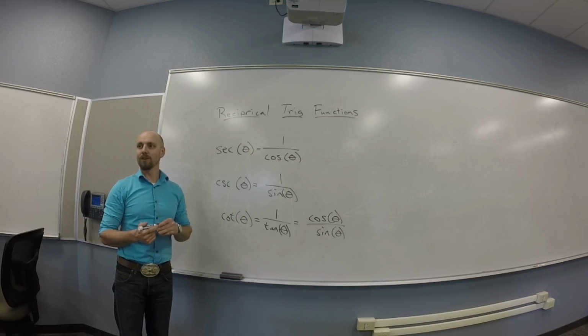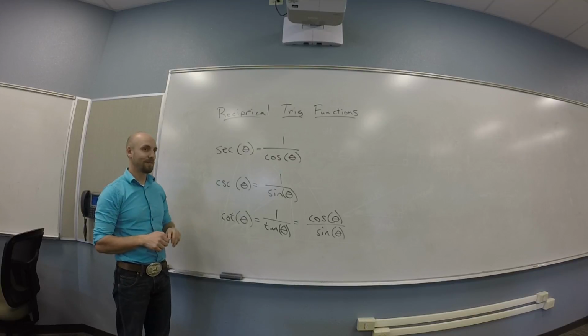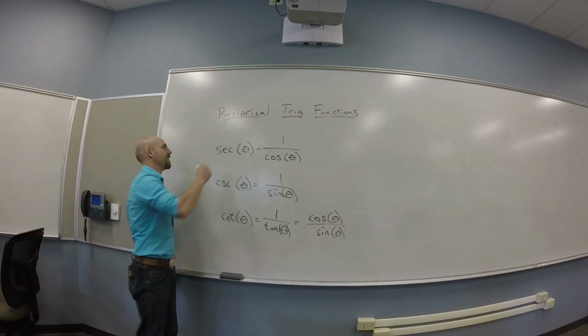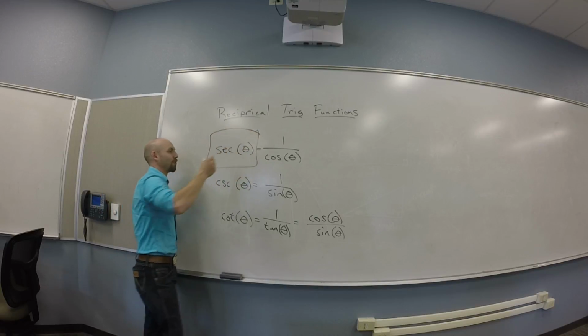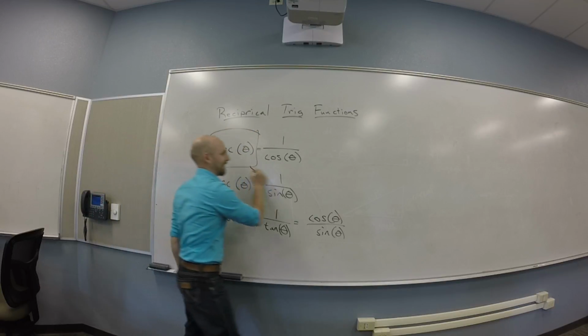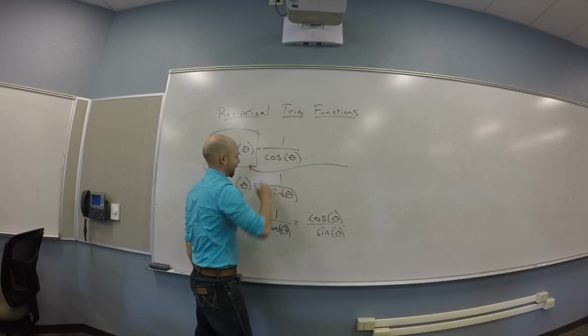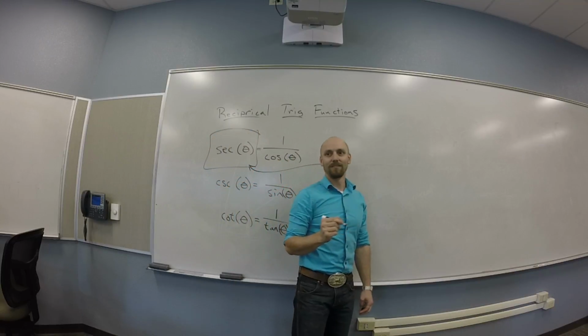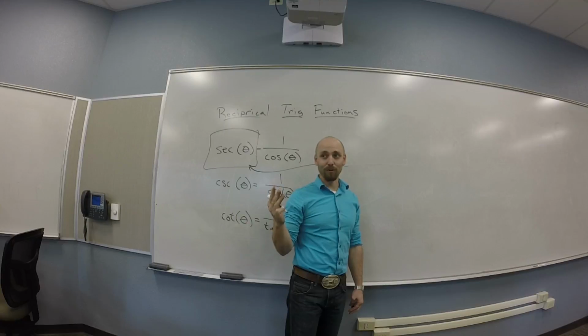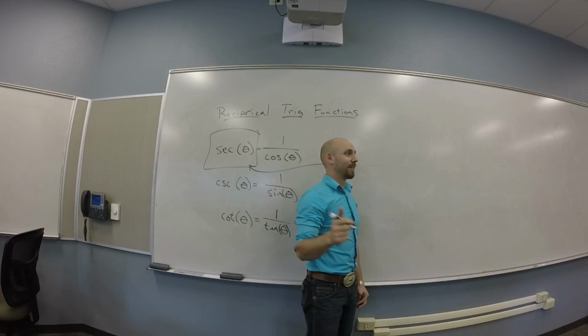This is what I want you guys to know about these. The other thing I want to convince you of is that these are useful for something. Secant has actually 3 super cool things.